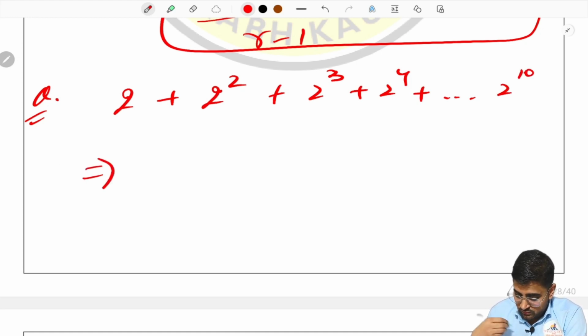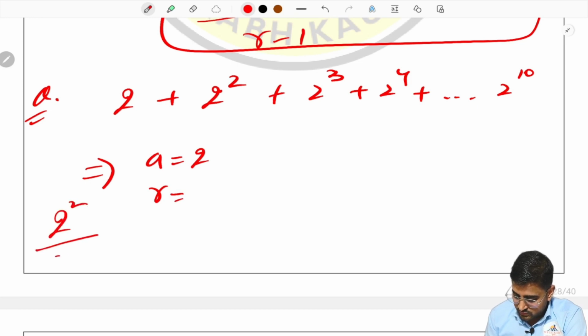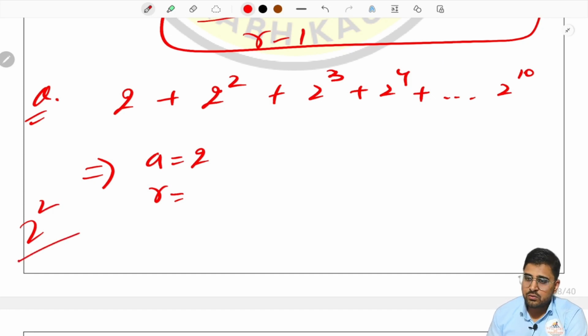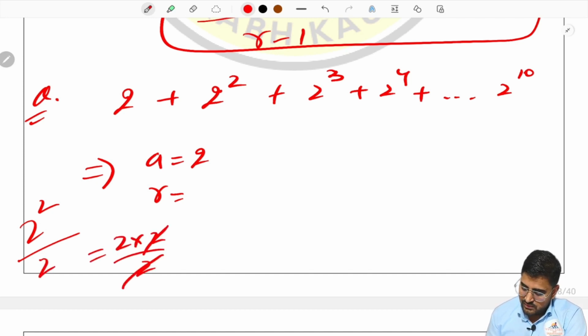So what we have learned is that we need a, which is 2, and we need the ratio. The ratio is 2 to the power 2 divided by 2, which is 2 into 2 divided by 2, so the ratio is 2.